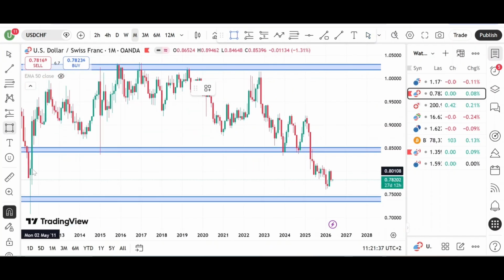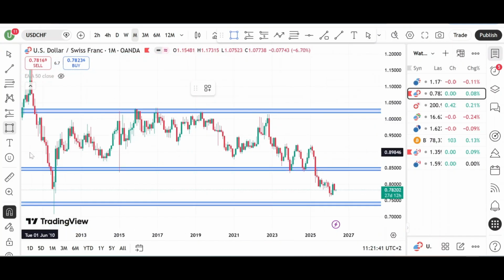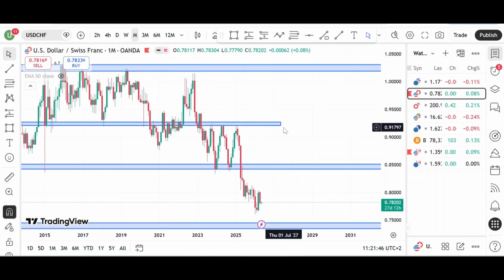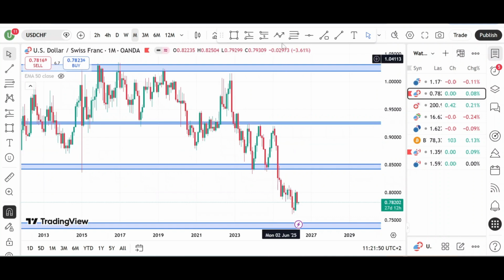As you can see here, we are in a downtrend. Okay, this is a zone here. You see that the sellers managed to break down the structure to create a lower low. Two things can be possible.